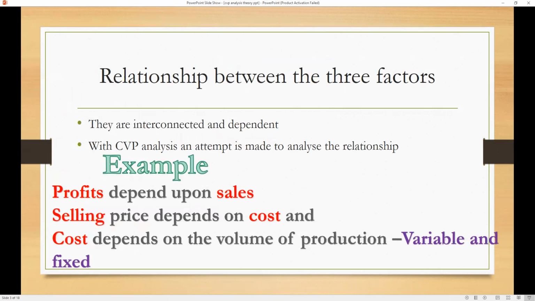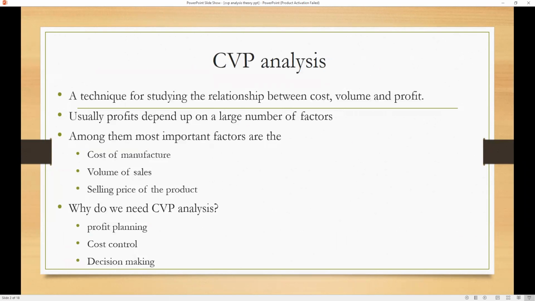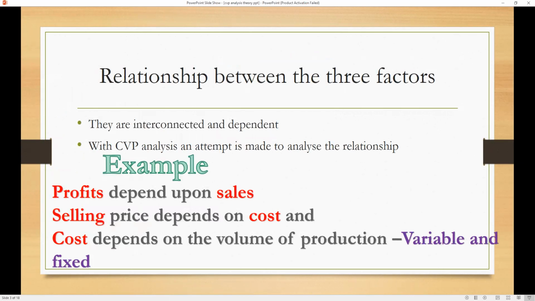So now let's see how this relationship is established between these three factors. What are those three factors? Cost of manufacturing, the volume, and the profit that has been generated. So basically, we use a mathematical connection between these three important factors. They are interconnected and dependent on each other. All these three factors are interdependent and interconnected.